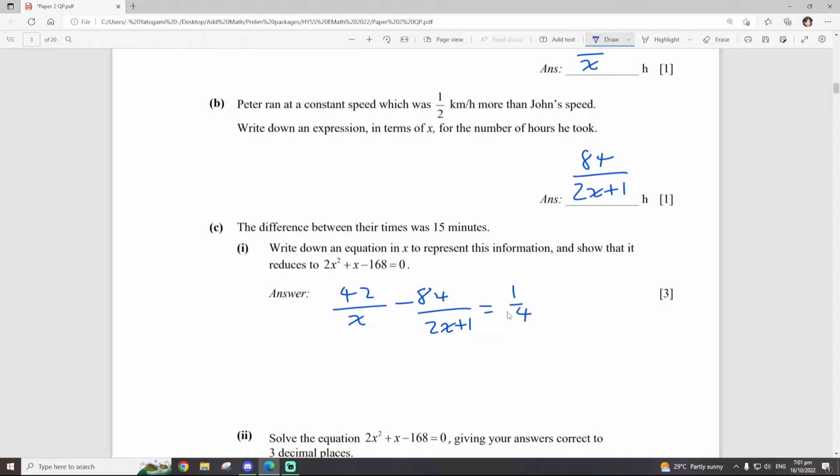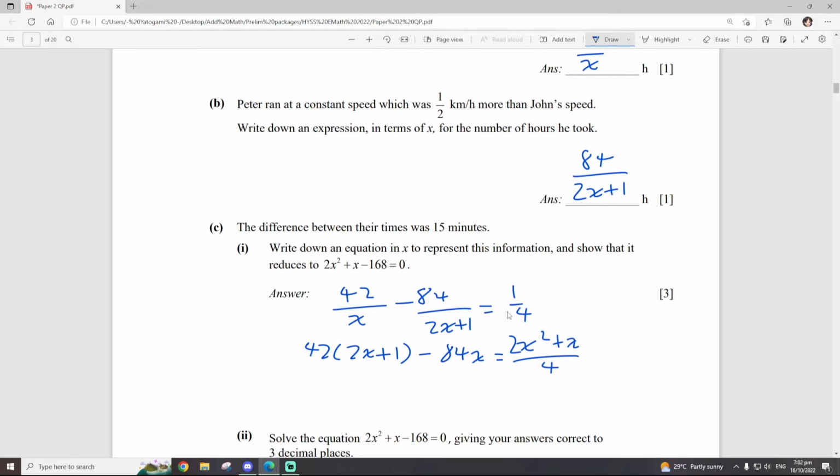So if I multiply throughout, I'll get 42 times (2x plus 1) minus 84x equals to x(2x plus 1) over 4, which is 2x squared plus x divided by 4.